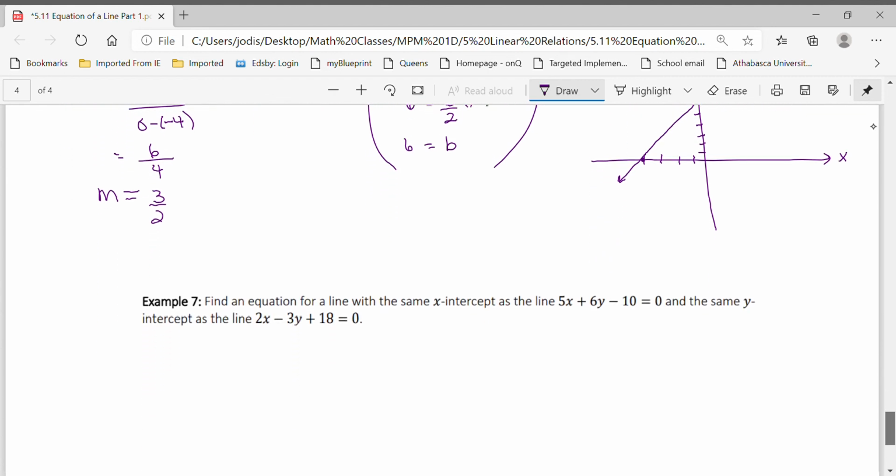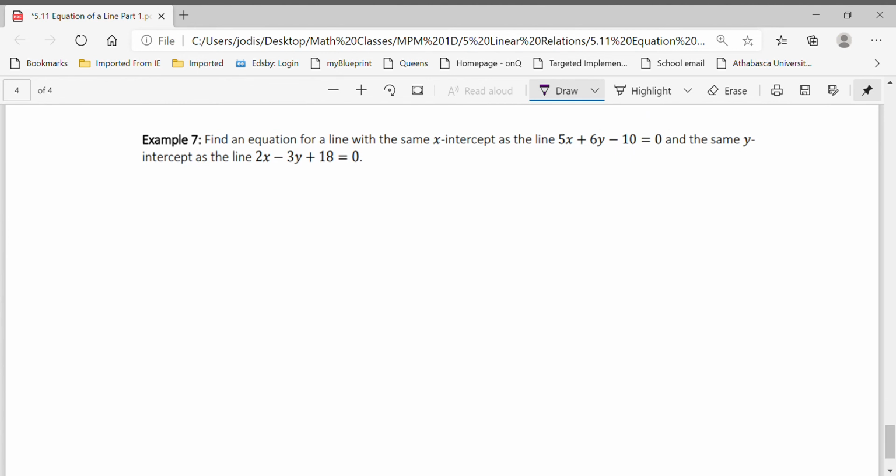Okay. So we've got one more example to do. We want to find the equation of the line with the same x-intercept as this line and the same y-intercept as this line. Okay, so first thing we want to do is find our x-intercept. So this, we have to set y equal to 0.